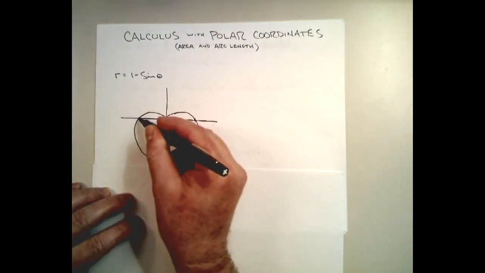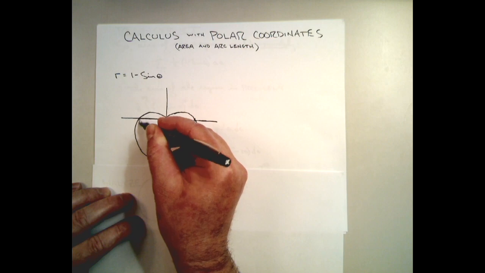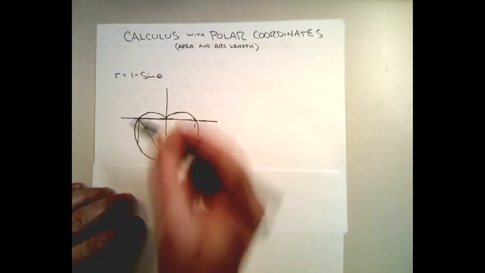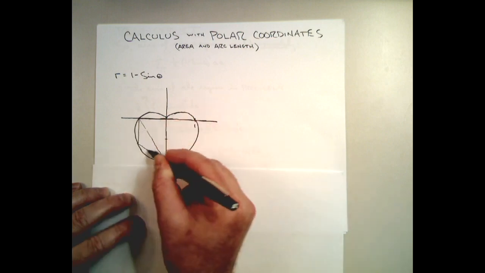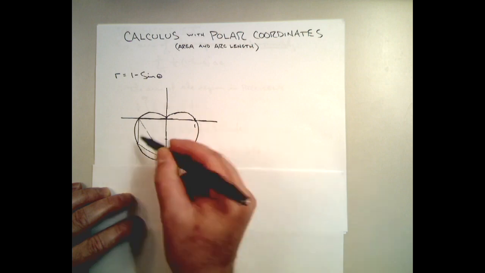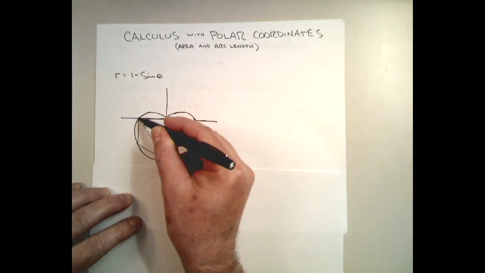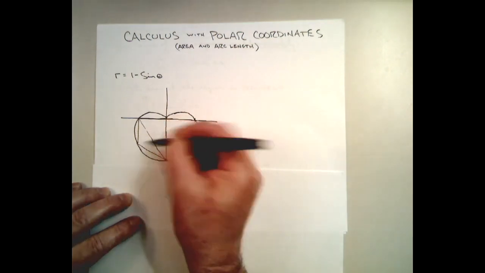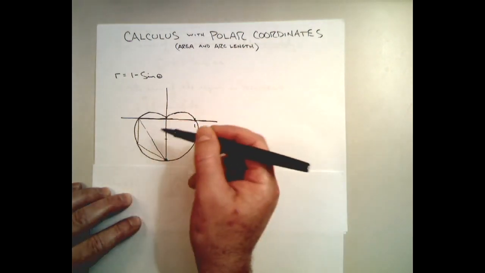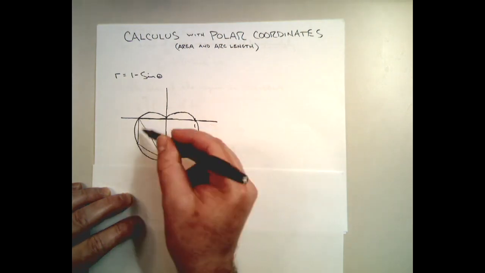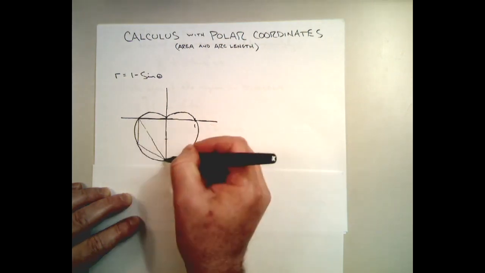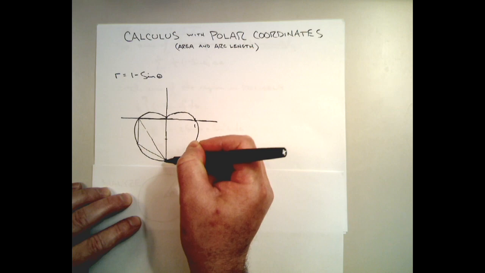And let's give a little bit of a better estimate. Let's pull this triangle out. This triangle has a height of a little more than 1, and it has a width of 1, from here to there.